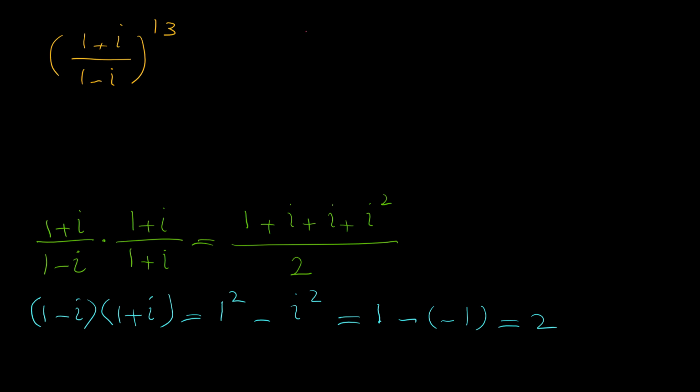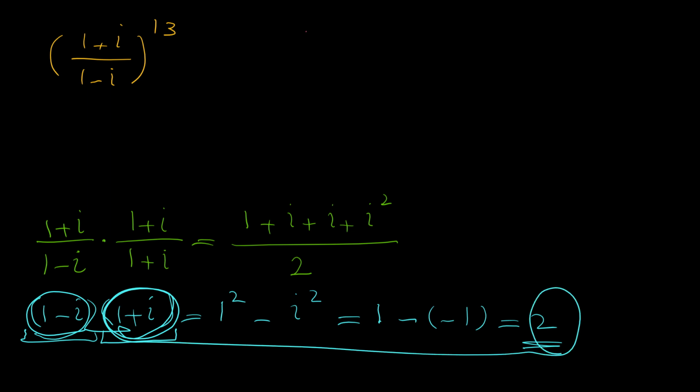But if you have watched my other videos on complex numbers, probably you know that when you are multiplying a complex number by its conjugate, you can find the answer even faster than this method. That method is this. If you multiply a complex number by its conjugate, the answer is always the real part to the power of 2 plus the imaginary part's coefficient to the power of 2.